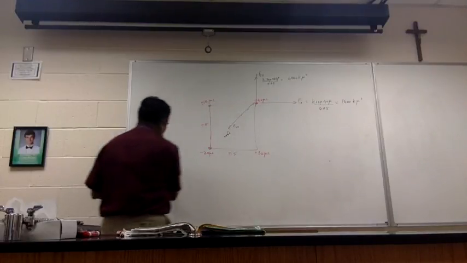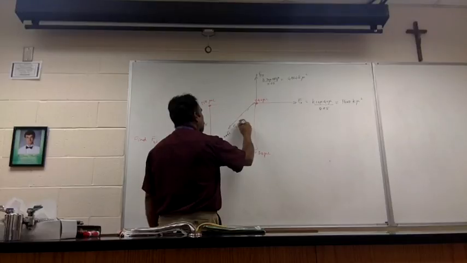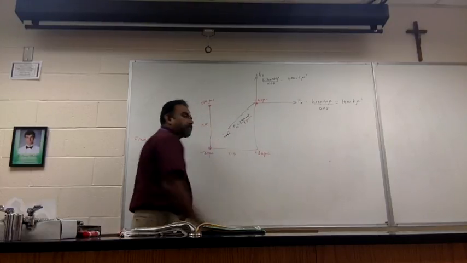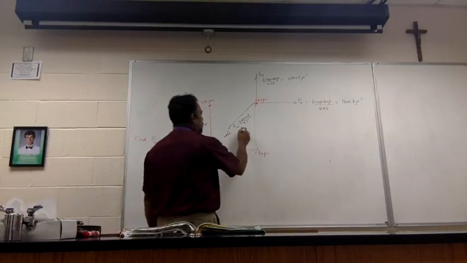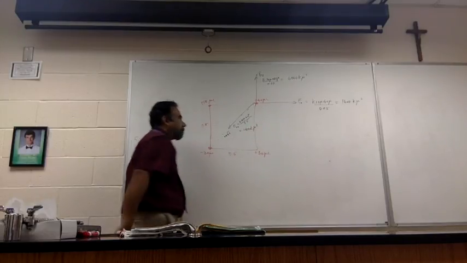So we are finding out this force, which is going to be equal to K, 20 micro times 40 micro divided by 0.5. And that works out to be 800, so 1600 K micro squared.